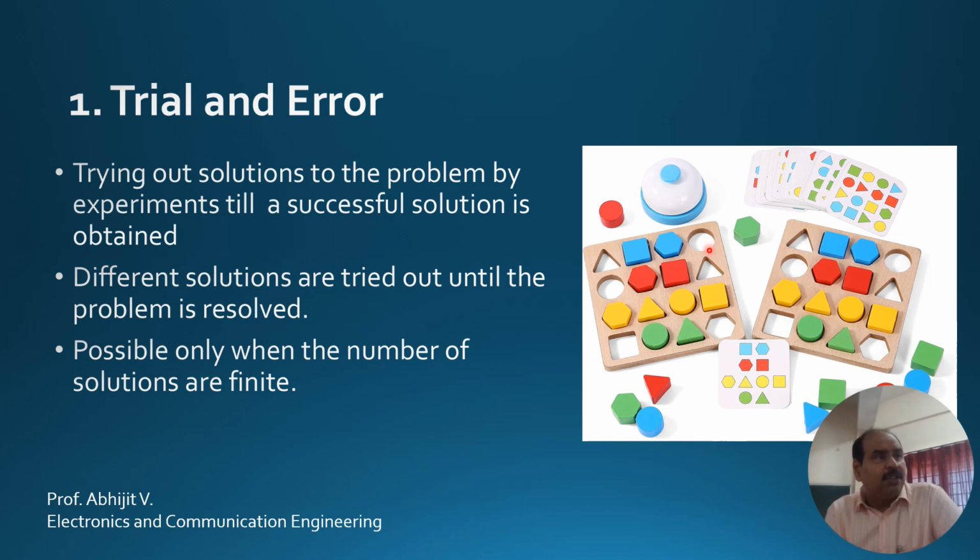If it does not get solved, what do you do? You take the next one and try to insert it in the space provided. You keep repeating this process until your entire problem is solved. So trial and error means you are trying out different solutions and finding the solution which is most suited for the problem.